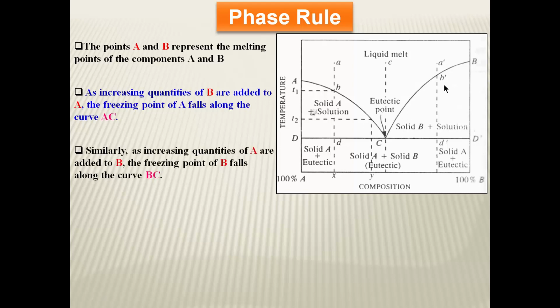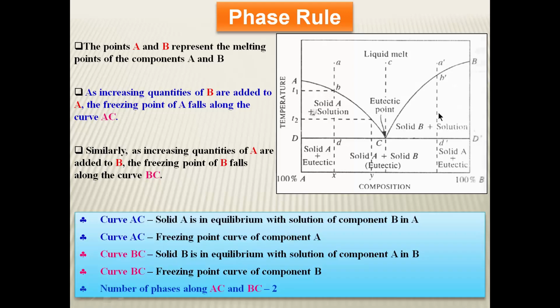Similarly, I started the explanation of this curve with respect to point A, but if I consider it with respect to B, that B is the melting point of pure B, and as I start adding A to it, all similar processes will take place and the curve BC will be traced and the freezing point of B will fall along the curve BC.